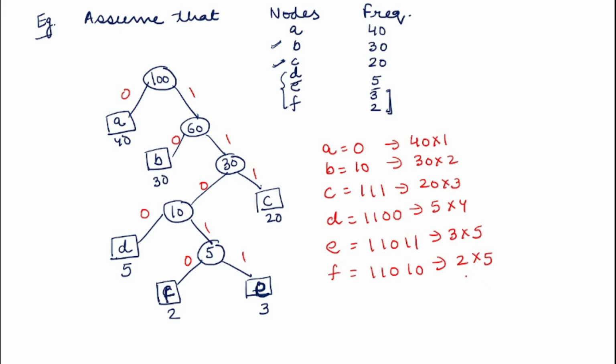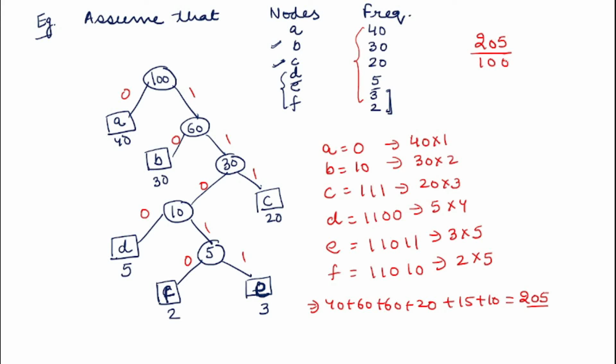Adding all these values, I am getting 40 plus 60 plus 60 plus 20 plus 15 plus 10, which is equal to 205. So 205 is the total number of bits, and the total frequency was 100, so 205 divided by 100 is equal to 2.05. So here I am using 2.05 bits on average for one character.